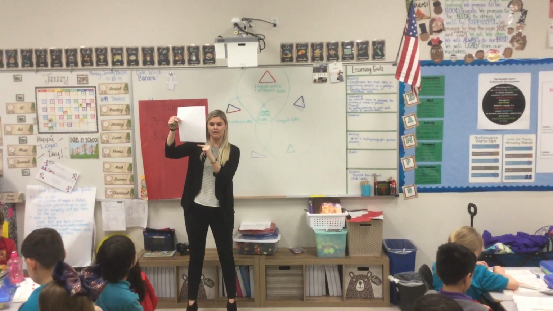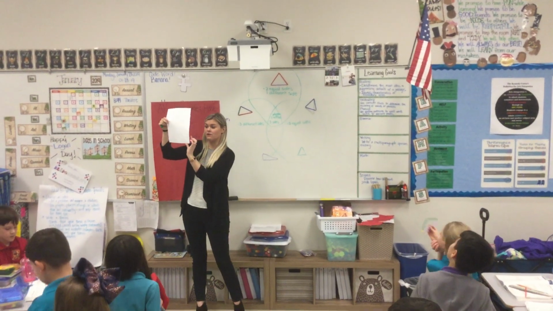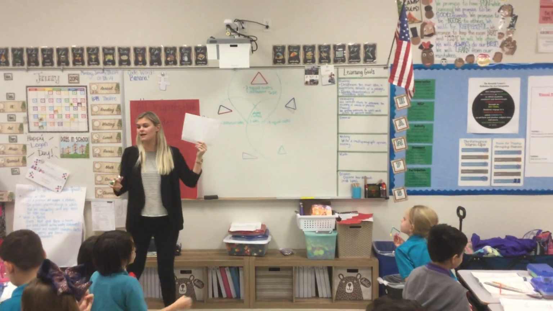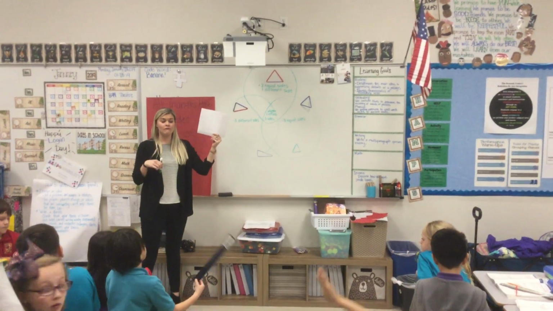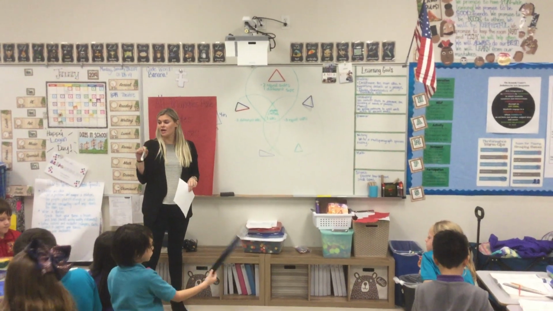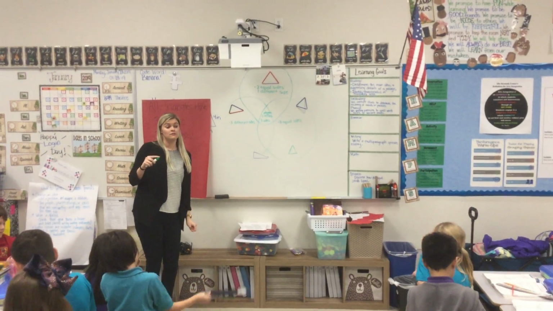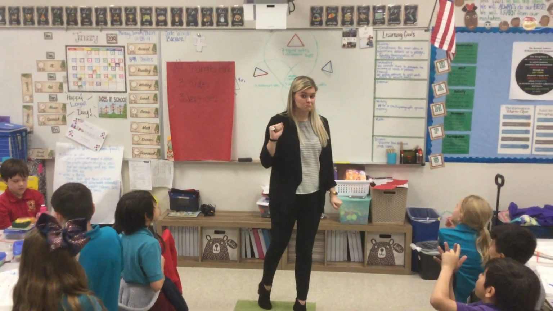Does this have a right angle? No. This corner is a right angle. Yes. So we know in squares, how many right angles does a square have? Do you remember, Sophia? 4. So do you think that all triangles have all 3 of them as right angles? Yes. Do you think a triangle could have 3 right angles? Yes.